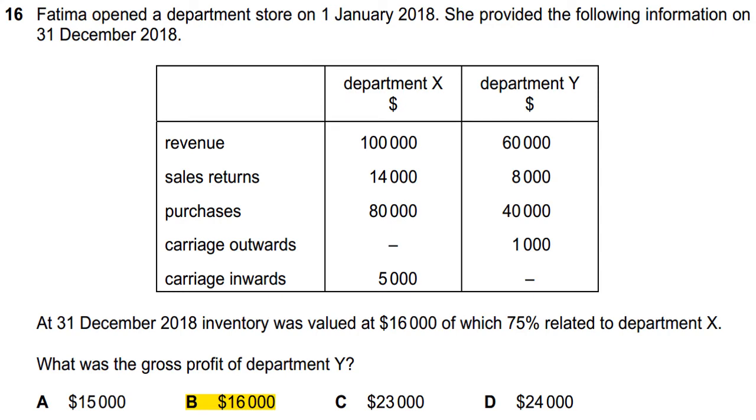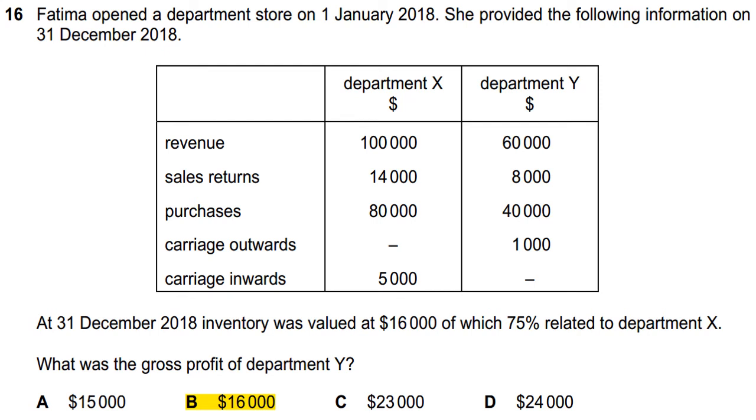Number 16: Fatima opened a departmental store on 1st January 2018. She provided the following information on 31st December 2018. These are departments X and Y. Revenue of X is 1 lakh and Y is 60,000. Sales returns of X is 14,000 and of Y is 8,000.